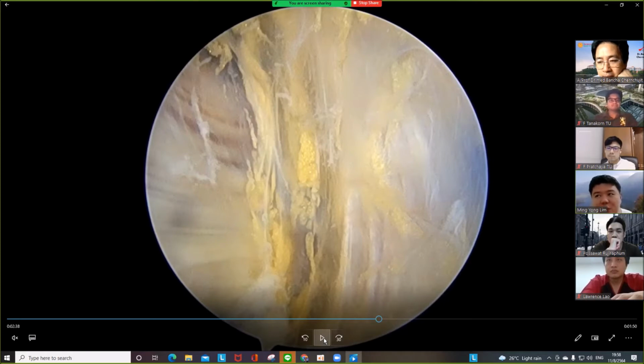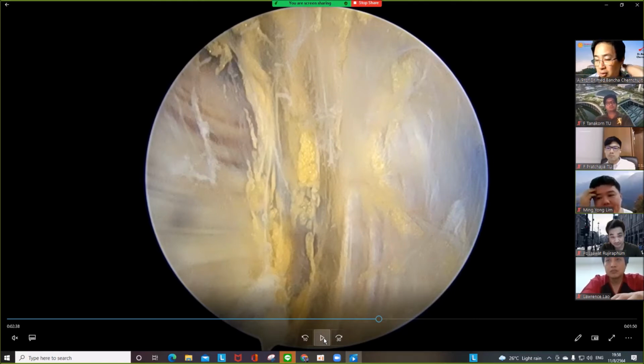So where do we start to shave first? Like this. Okay. So you remove this part, take this out. Then you can see the cyst. Understand? But where do we start first? We start by identifying the valve first.